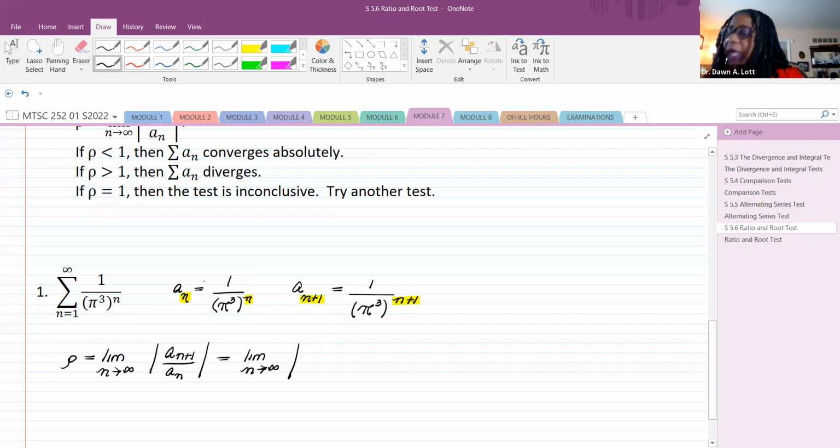I have one fraction divided by another fraction. So I'm going to take a_(n+1) and divide by a_n. That's going to give me pi cubed to the n divided by pi cubed to the n plus 1.